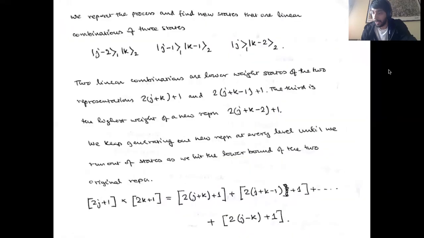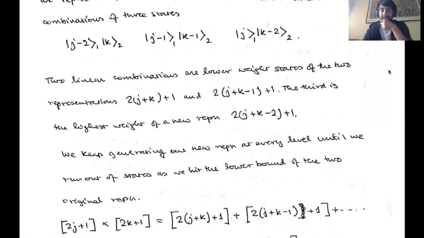Now we are going to find more states. We can repeat this process and find new states which are linear combinations. Now you're going to lower these again. So there's going to be a J minus 2, K; a J minus 1, K minus 1; and a J, K minus 2.